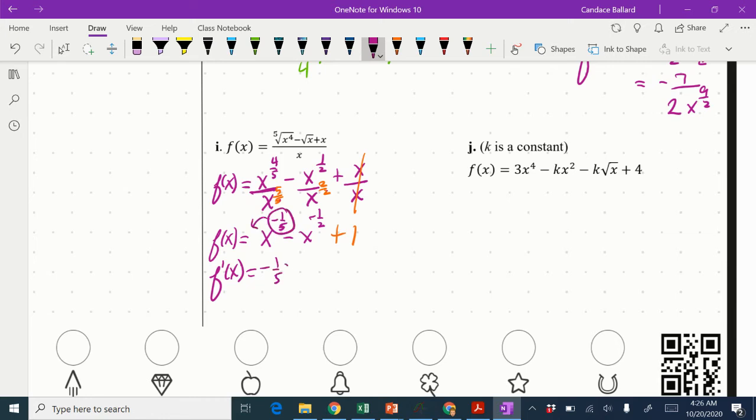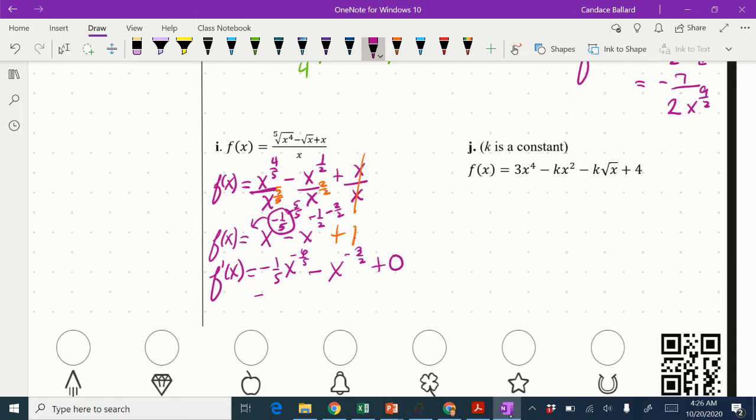So negative 1/5 x. I'm going to subtract 1, which would be subtracting 5 over 5 in this case. So negative 1/5 minus 5/5 is negative 6/5. Minus x, we're going to subtract 1, which is negative 2 halves. So negative 3 halves. And then this one here is the derivative of a constant, which would just be 0.